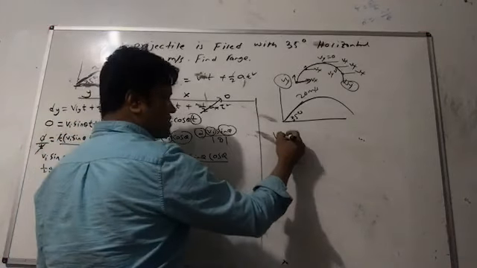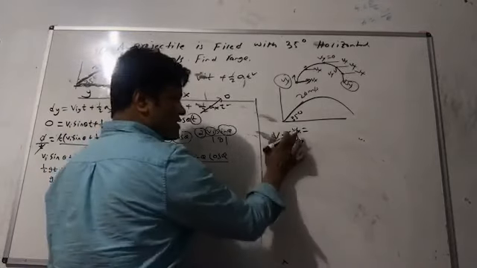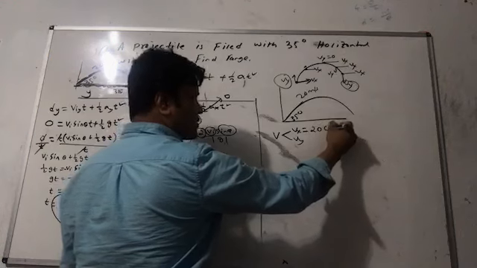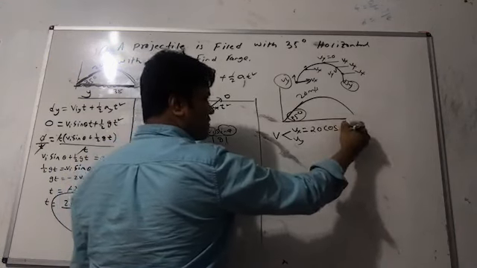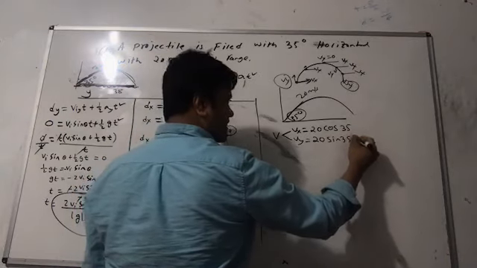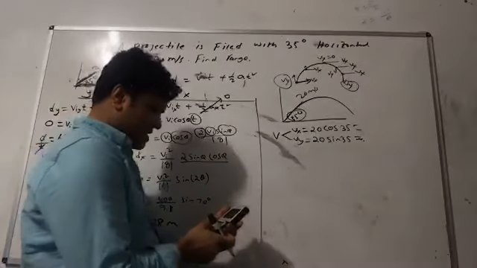So velocity, as you know, has two components. The first component is the x and the second component is the y. So you're going to write 20 cosine 35 degrees and 20 sine 35 degrees. Let's see what 20 cosine 35 degrees is.